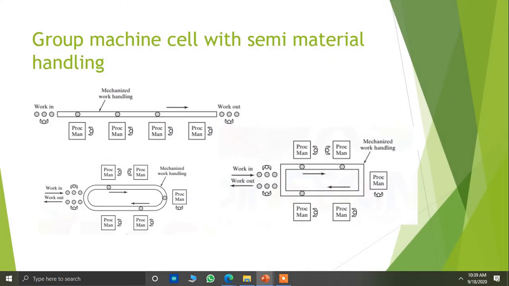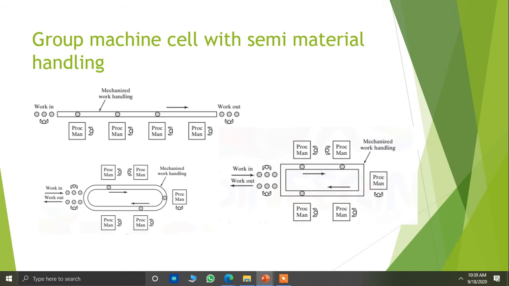So the last one is a group cell with semi material handling. The first one is work in, that is in the first figure you can visualize a linear movement where your machines are being placed at 4 places, that is your 4 processing units are there. After finishing each part, it will move on to the next process.